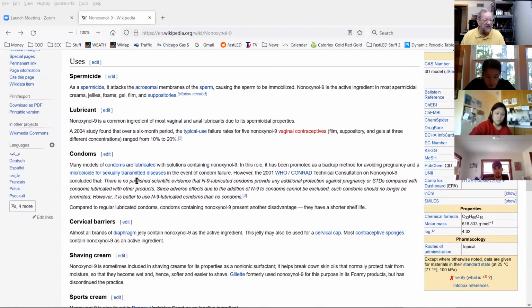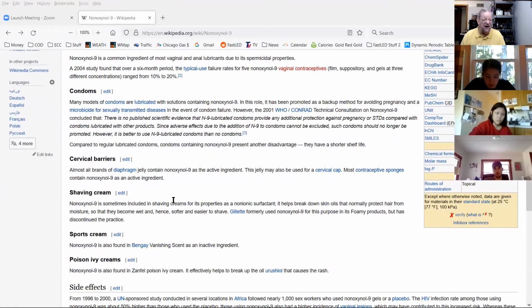Now, one of the things I found interesting, it's also used in cream for cervical barriers, which is another type of contraceptive. Now, what I found interesting is it's also used as a lubricant in shaving cream, which explains why men's faces, I guess, don't get pregnant.